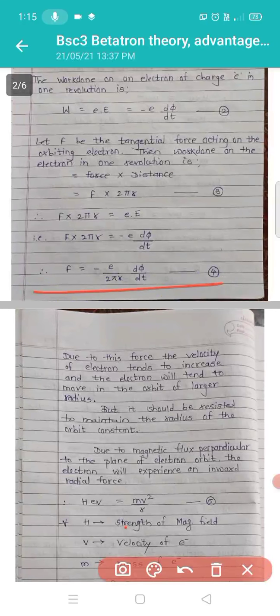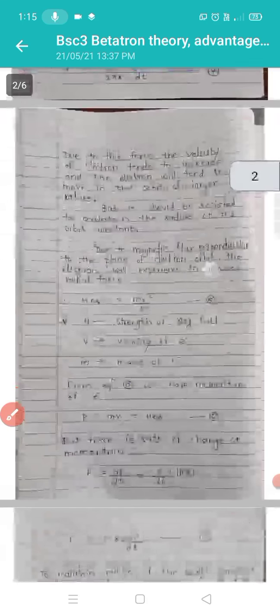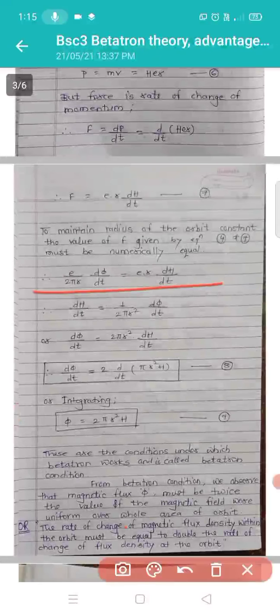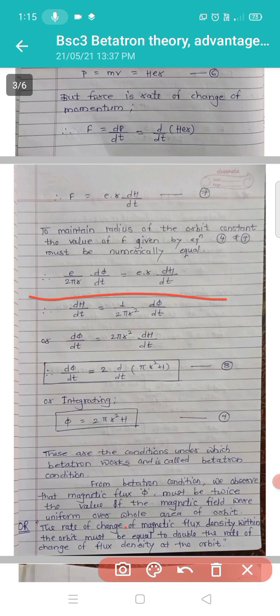Equating these two equations, we get e upon 2 pi r into d phi by dt is equal to e into r into dH by dt.